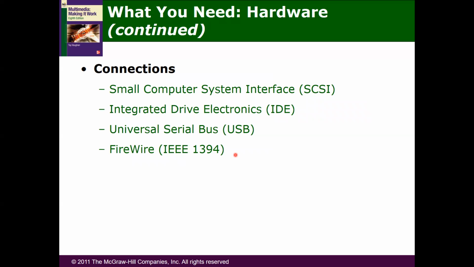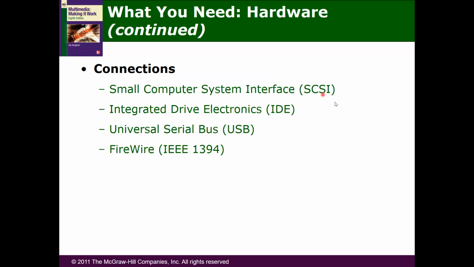You have universal serial bus or USB, and then you have Firewire IEEE 1394. I think most of you will be familiar with this. You should also be familiar with this if you're quite familiar with the individual hardware parts inside a computing system.